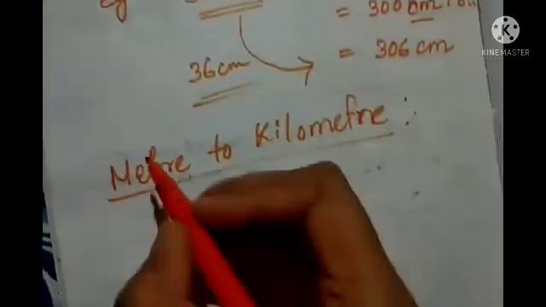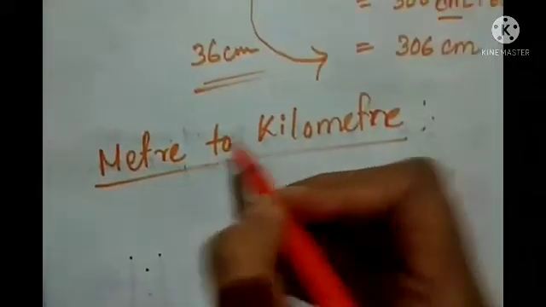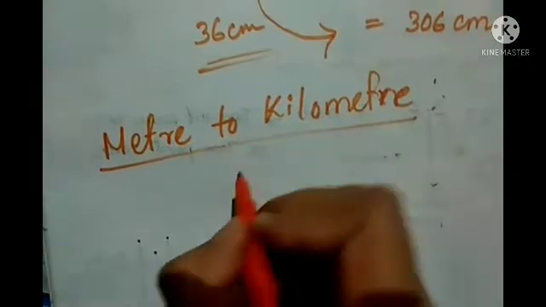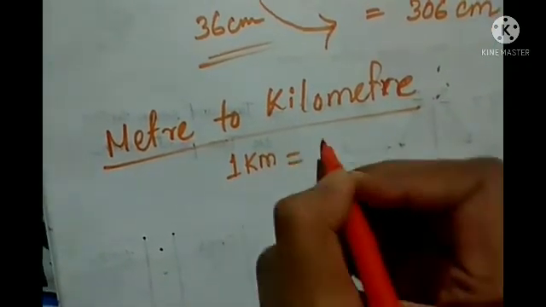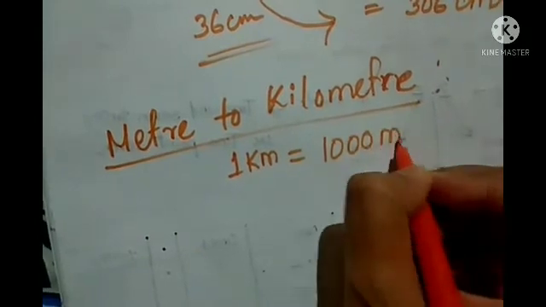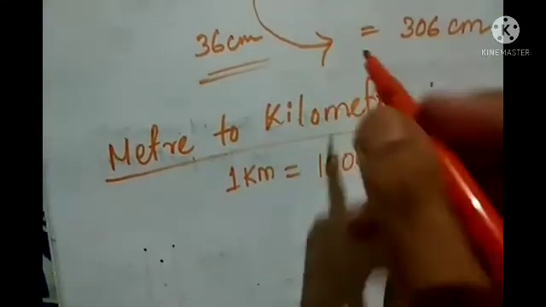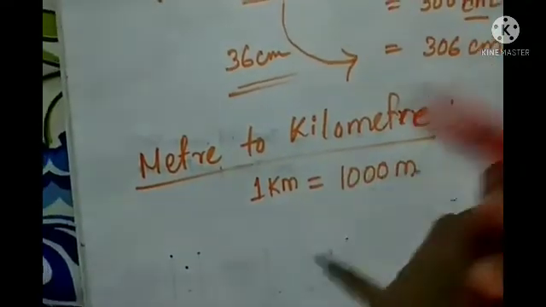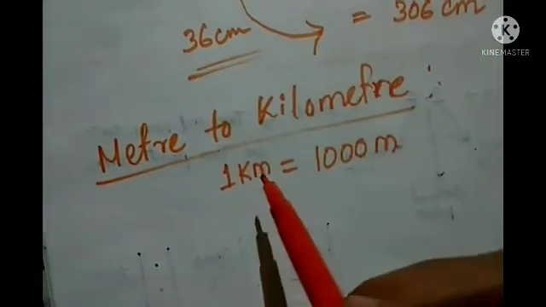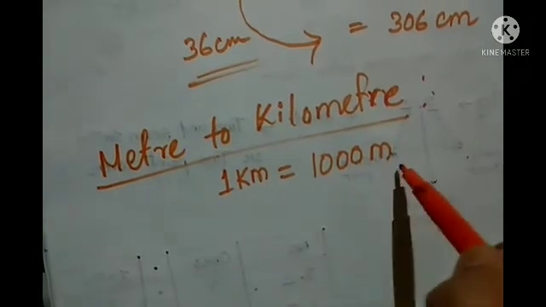Okay students, now we will learn how to convert meter to kilometer. For that, what is the formula? 1 kilometer is equal to 1000 meter. Earlier the formula was 1 meter equals 100 centimeter, but here 1 kilometer is equal to 1000 meter.